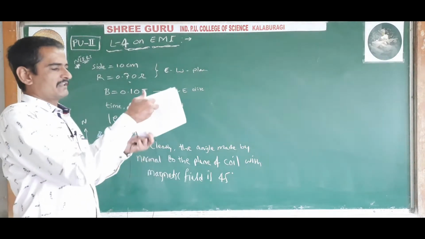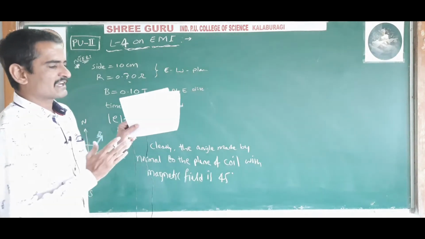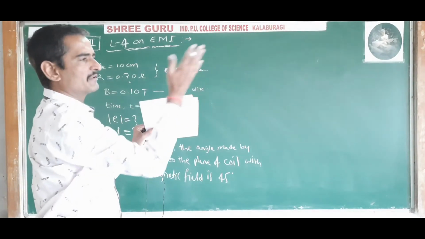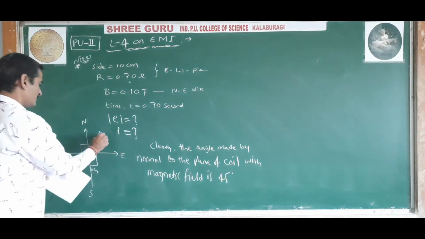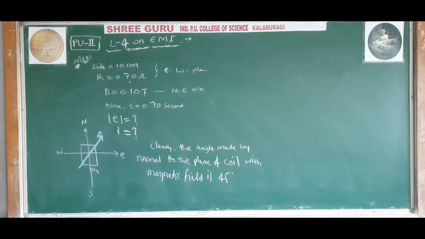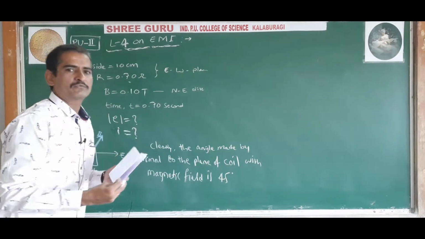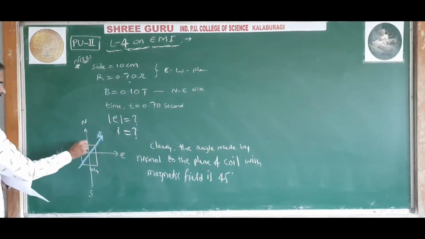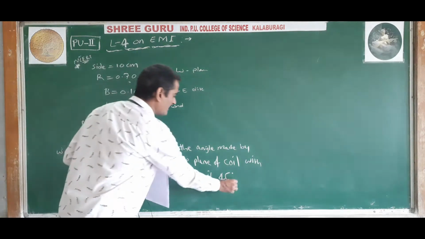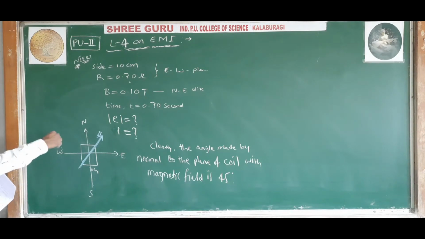Now the magnetic field is directed along the northeast direction, in between the north and east, it is here. If we draw the normal to the plane of the coil, it makes an angle of 45 degree. So from here to here the angle will be 45 degree with the magnetic field. That angle you have to understand from the given data.